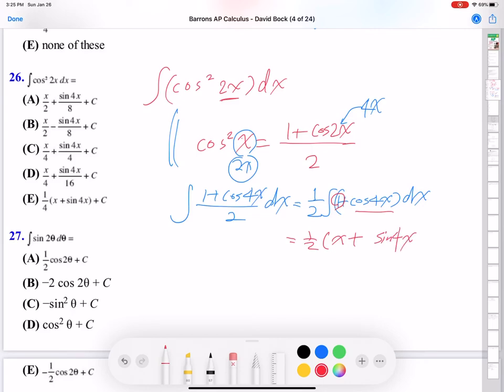If you change, U substitution, okay, dx is 1 over 4 du, so 1 over 4 came out, right? Plus c, something like this, right? So x over 2, and then for sine 4x over 8, x over 2 plus this one. A is equal to this, right? Yes. So A is the answer.